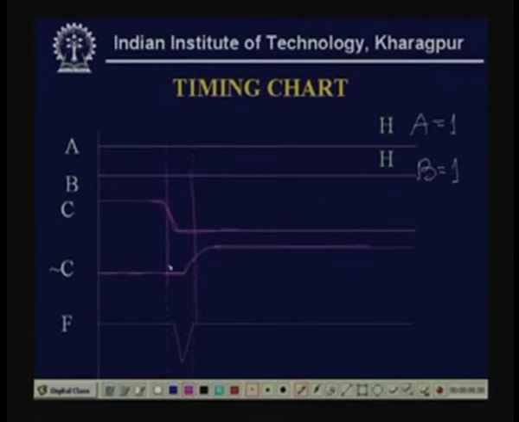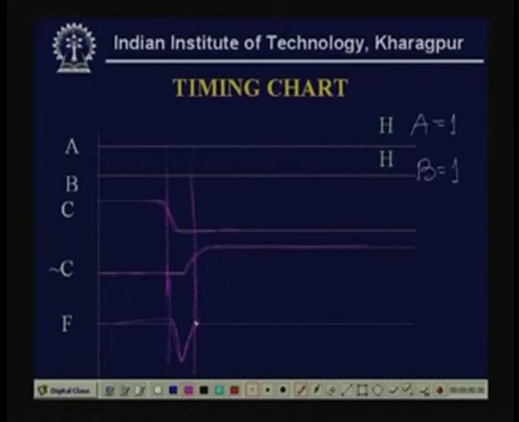So, in between this time, when C switches from 1 to 0, C dash becomes 0 to 1, and in between these, at the output of the F, there will be a glitch, and this we are defining as a hazard.